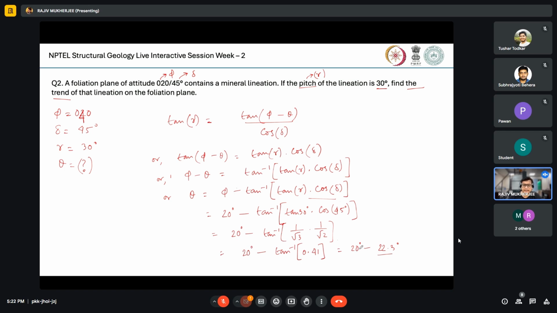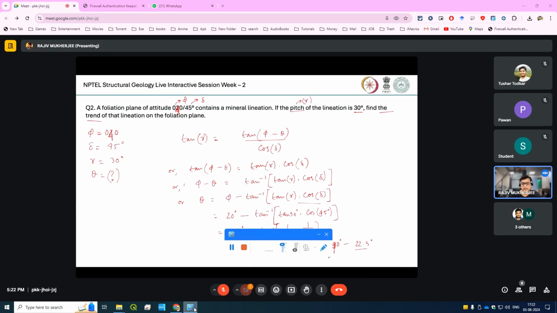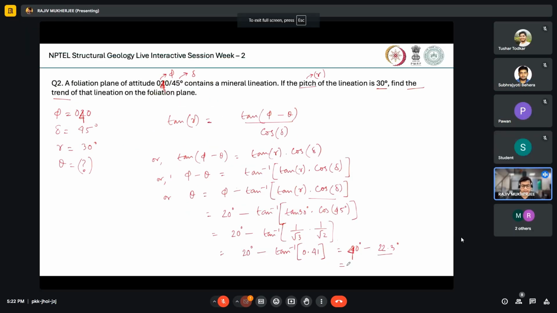So if we make this 040, 40 degrees, then we can have the trend as 40 minus 22.3, so that means near about 18 degrees.